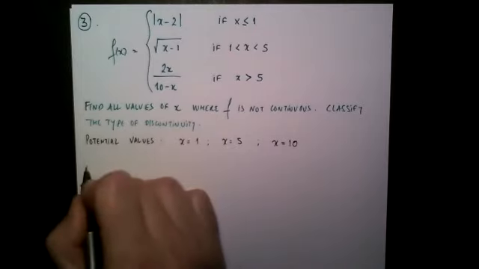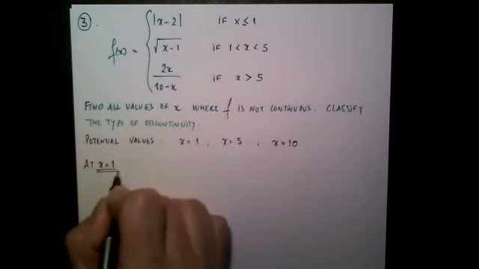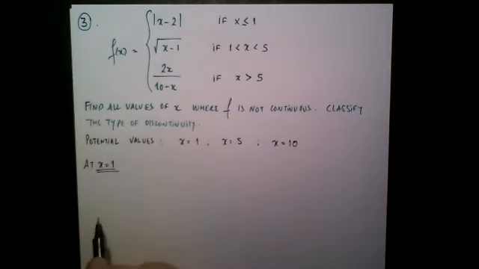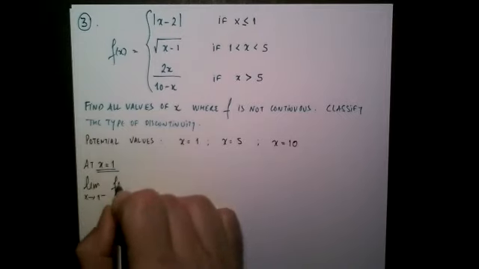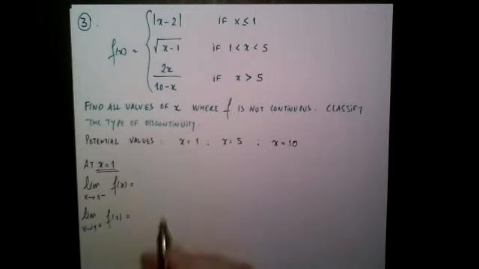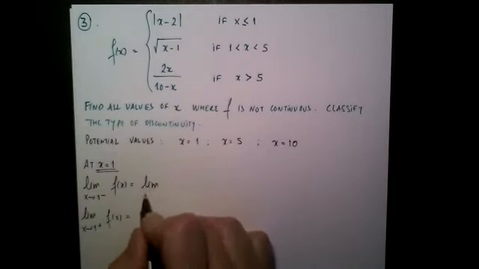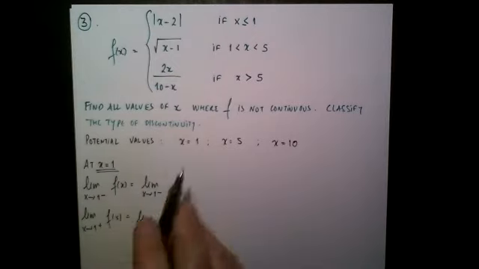This is a long problem. So let's see at x equals 1 what happens. You remember we do the limit from the left and the limit from the right. So the limit as x approaches 1 from the left of my function is what? And the limit as x approaches 1 from the right equals what?